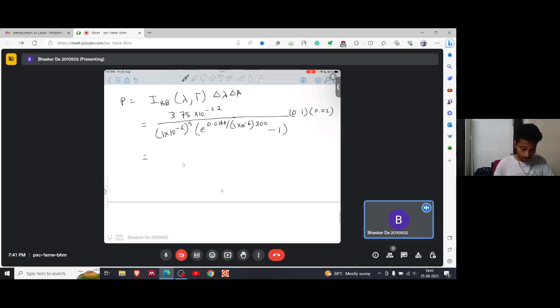So after calculating all of these things, we will have 1.06 into 10 to the minus 15 watt.